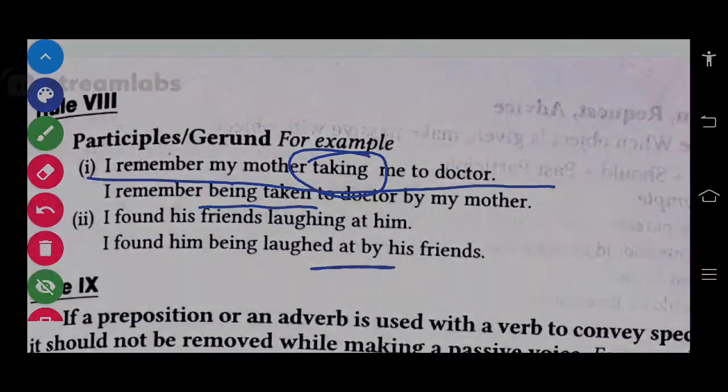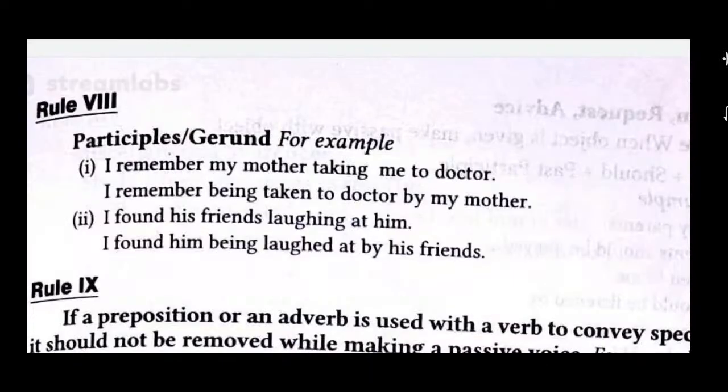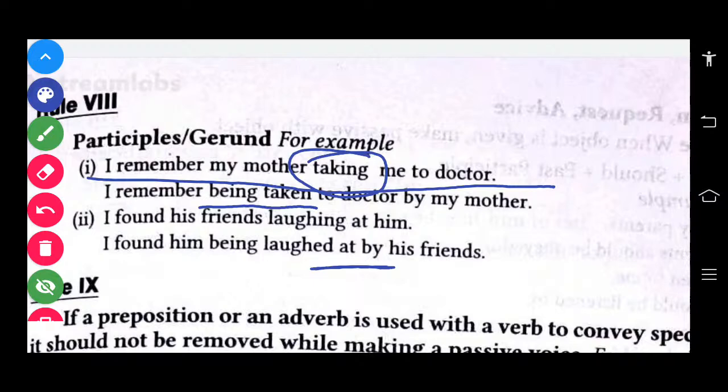Right? May I give you one example on this?